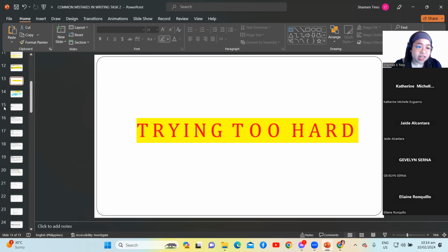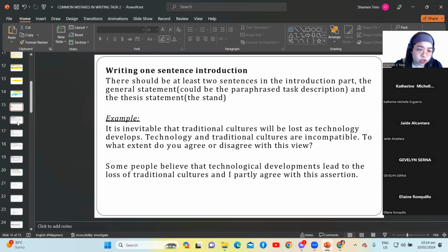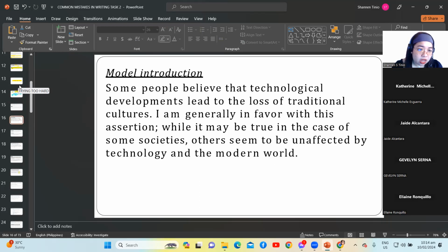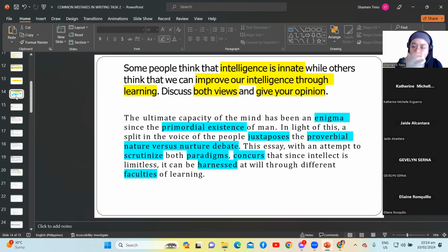And the example given here shows a clear description, a clear example that trying too hard can actually put you in a very bad situation. Bakit? Baka naman mamaya mali-mali yung mga pinagsasabi mo dito dahil sa pa-impress ka at gusto mong gumamit ng super complex vocabulary. Okay?